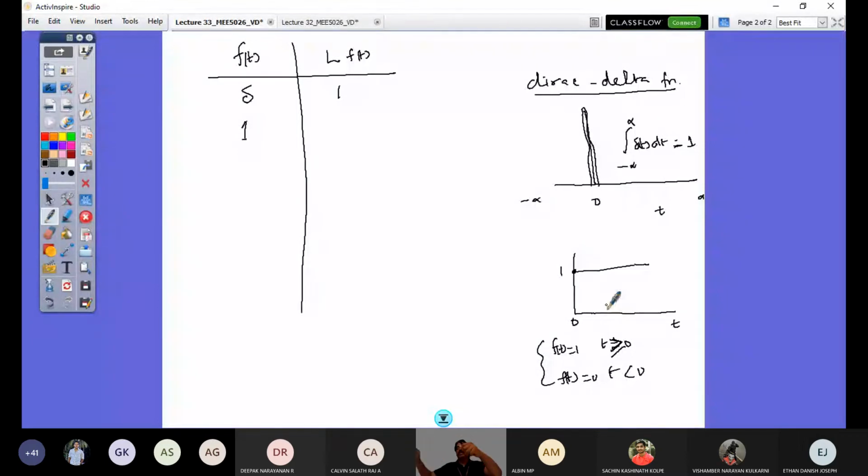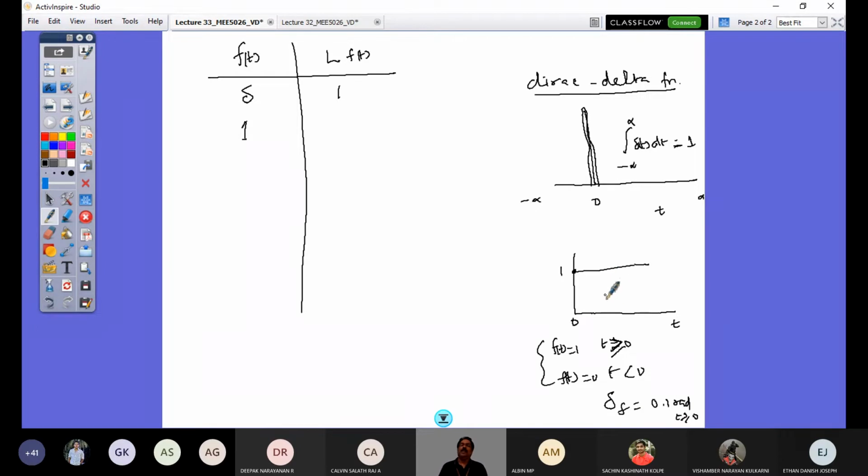Before you give that input, for t less than 0, it is 0. That means I give delta f of some radians, say 0.1 radians, when t is greater than or equal to 0, and delta is 0 when t is less than 0. That is the step input function in a real scenario.